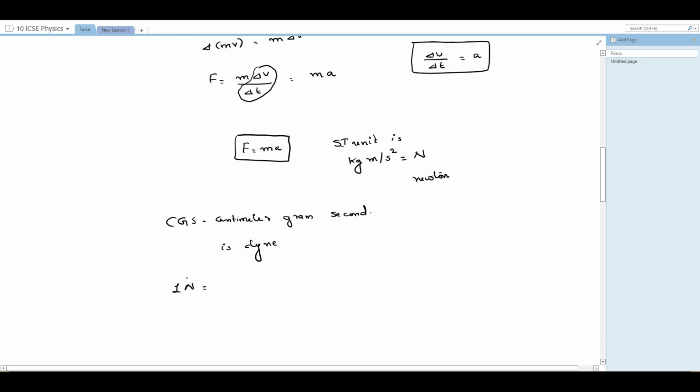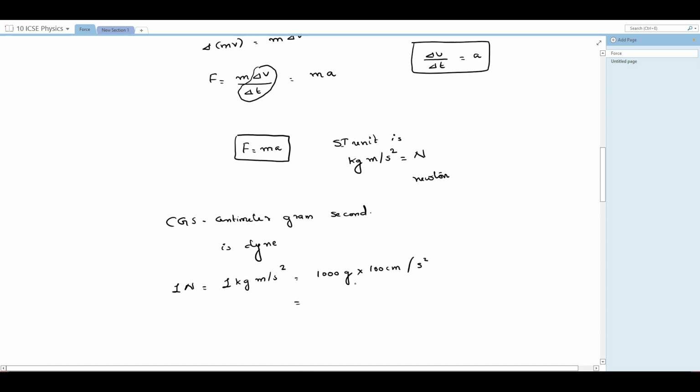This also you did in 9th grade, but we will just go through it. 1 Newton is actually 1 kilogram meter per second square. Now converting 1 kilogram to gram, it becomes 1000 gram, and meter to centimeter, that is 100 centimeter per second square.